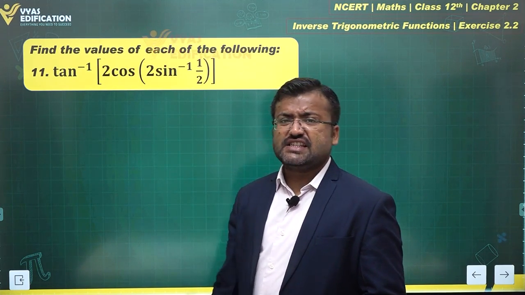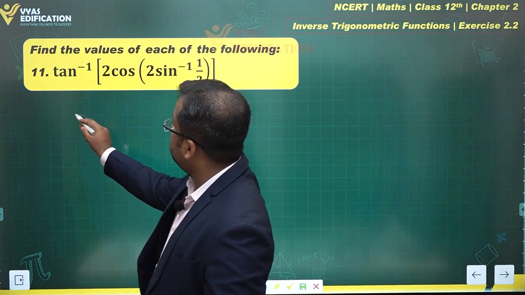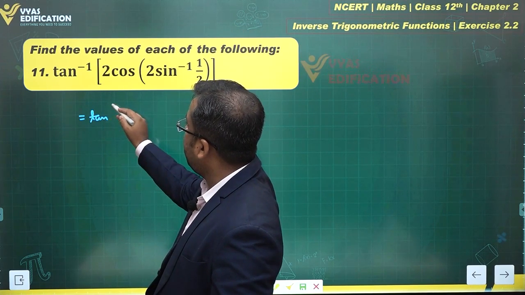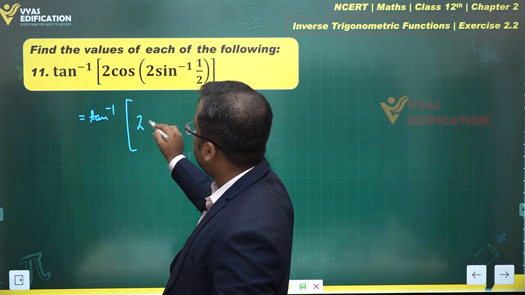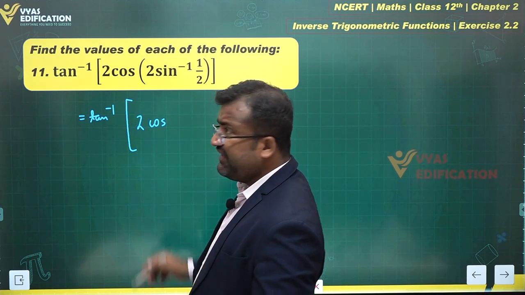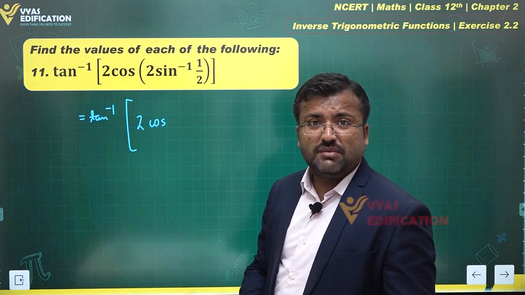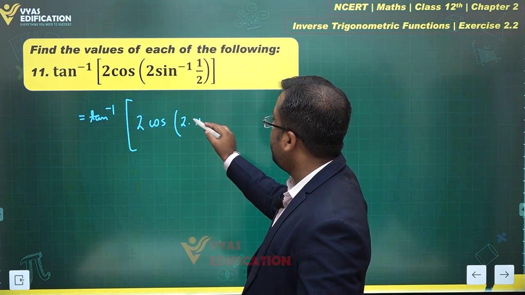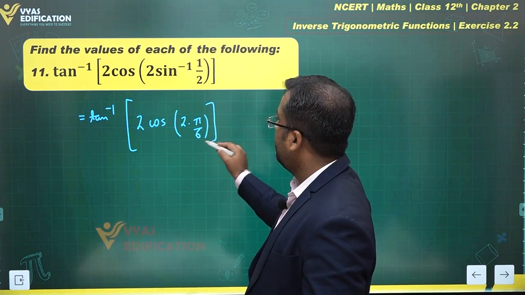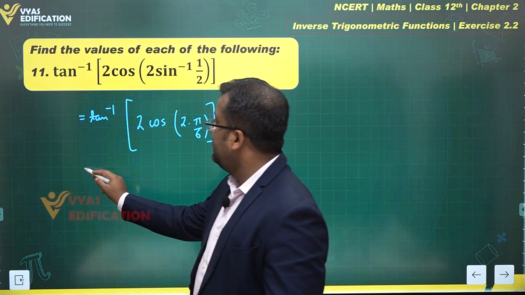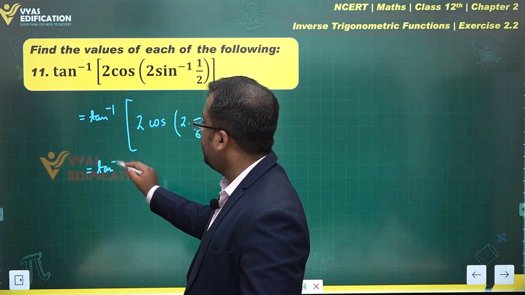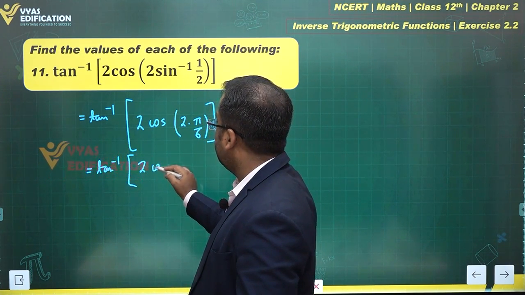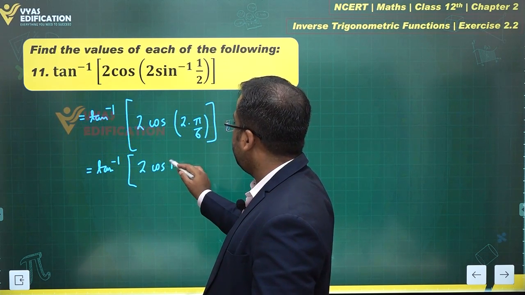Try to simplify each step one by one. This is equal to tan inverse of 2 cos of something, but I know that the value of sin inverse 1 by 2 is simply pi by 6. So this is 2 times pi by 6. Then this becomes tan inverse 2 cos pi by 3.